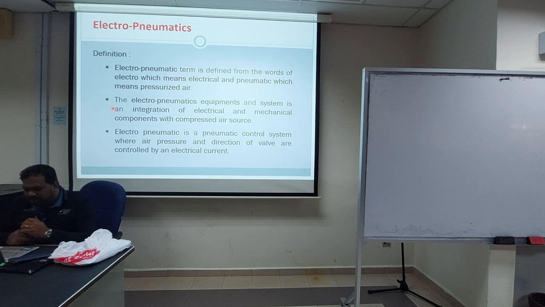The term electro-pneumatic is defined by the word electro, which means electrical, and pneumatic, which means pressurized air. So electro-pneumatic equipment and system is an integration of electrical and mechanical components with a compressed air source. The pneumatic part is actually a mechanical component, but we are using compressed air to control it.